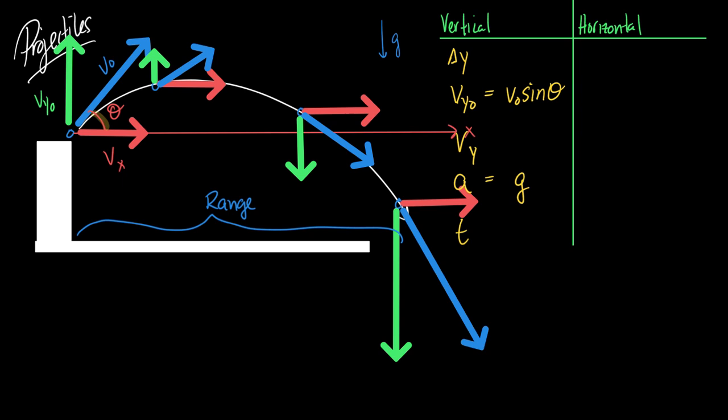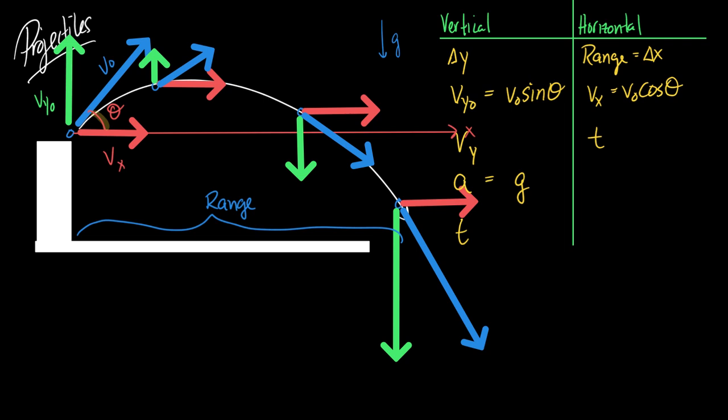At the same time, the object's moving sideways. So what would have been delta x, I'll likely call the range. But that's just a horizontal displacement. We're going to have Vx as well, but Vx is a constant. So there's no acceleration. So the only other thing that I would have to deal with here is time.